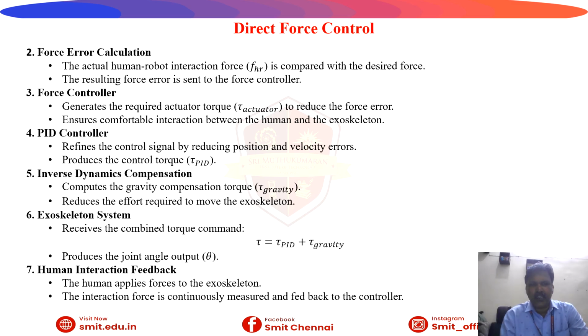The exoskeleton system receives the combined torque command tau equal to tau PID plus tau gravity. It produces the joint angle output theta. Human interaction feedback: the human applies forces to the exoskeleton, and the interaction force is continuously measured and fed back to the controller.